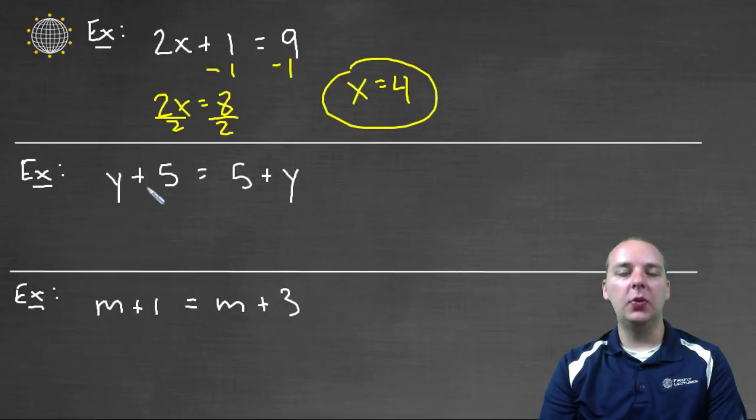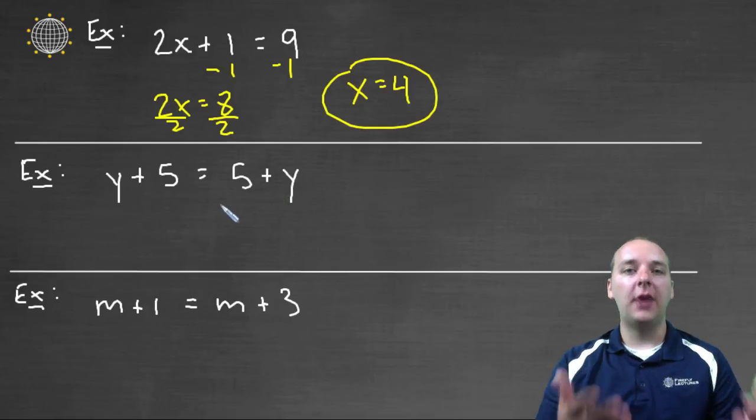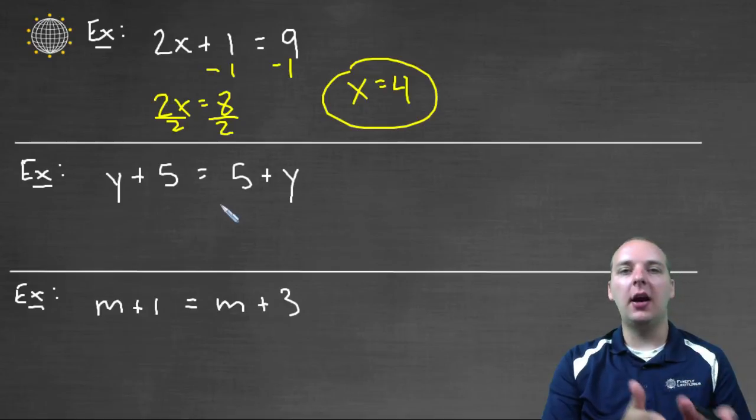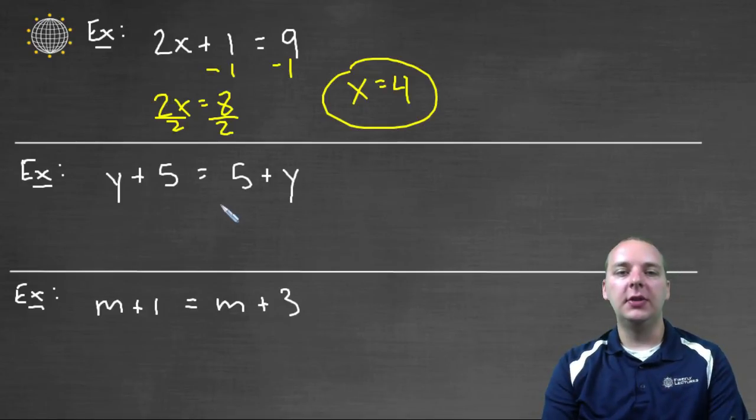If we look at the second equation, y plus 5 equals 5 plus y, we move the variables to one side and the constants to the other. The first step would be to subtract y from the right side.